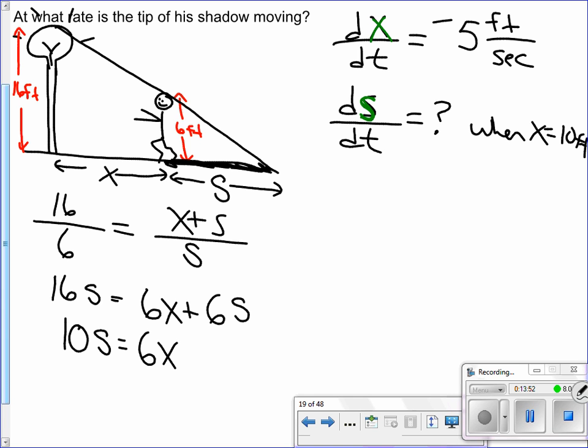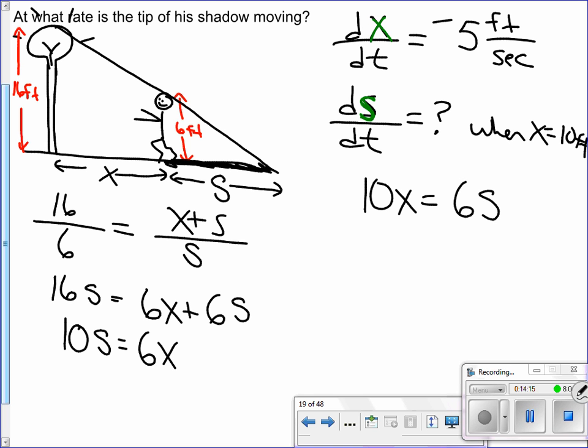That's nice. That is a nice equation. I mean, yeah, we could divide through by 2, but we don't have to. So we have 10s equals 6x. We subtracted 6s from both sides. Okay, so we've got that: 10s equals 6x. So you got your formula that relates the quantities in the numerator of your derivatives.